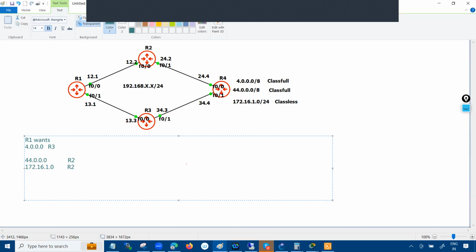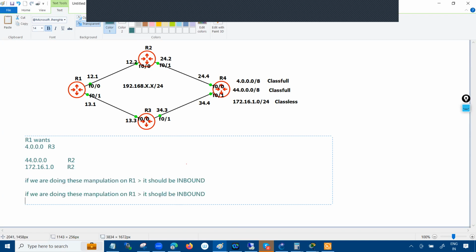If we are doing this manipulation on router 1, then it should be in mode. If we are doing the same thing on router 4, it would be the out one. It depends on the flow. Got it?